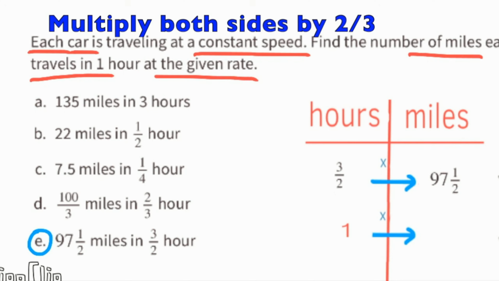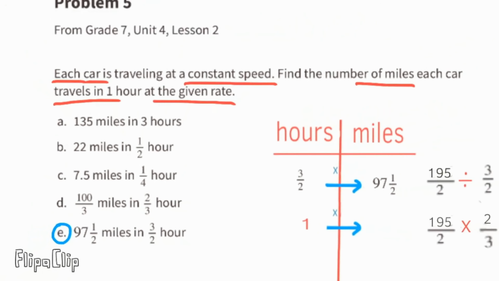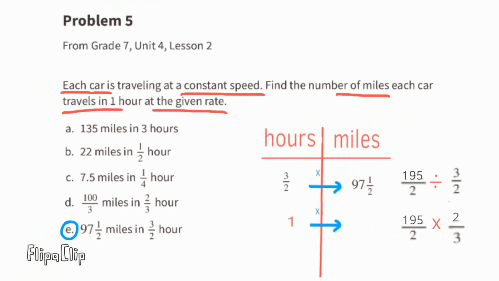We need to change it from a mixed number to an improper fraction. 2 times 97 plus 1 equals 195 over 2. Cross cancel. 2 goes into 2 once, 3 goes into 3 once, and 3 goes into 195 65 times. We end up with 65 over 1, which is 65. So the speed of the car for E is 65 miles in 1 hour.